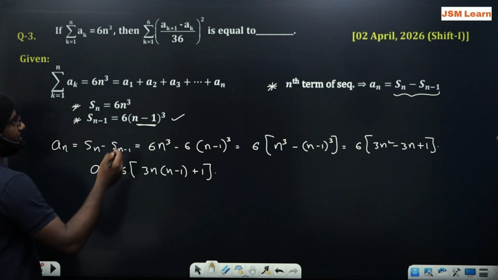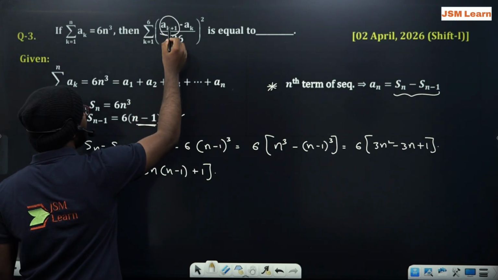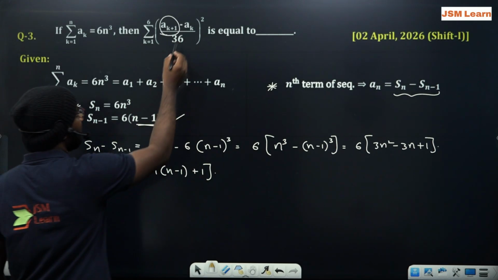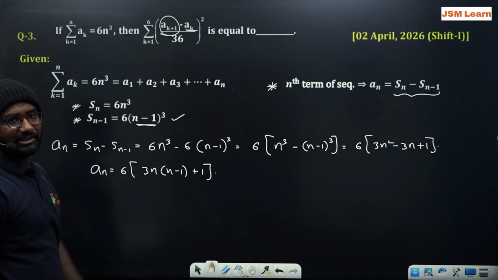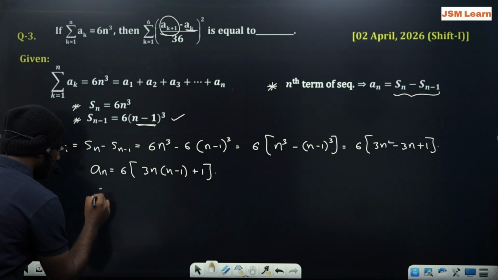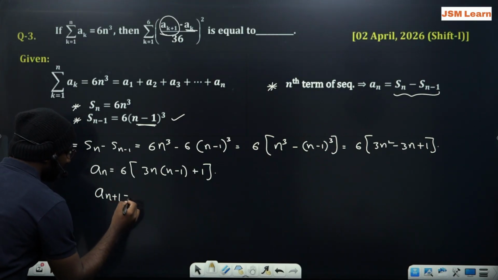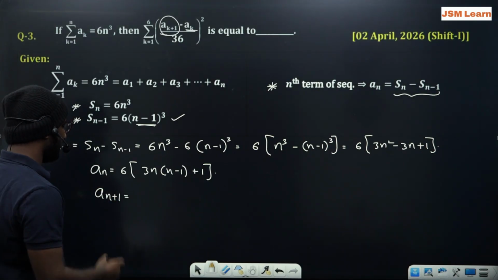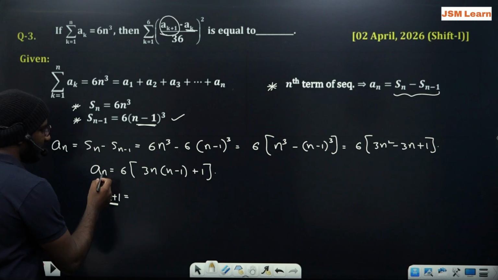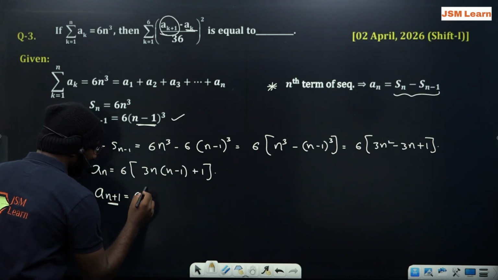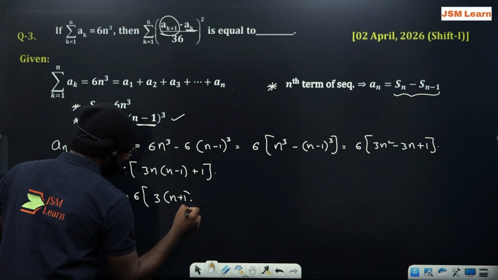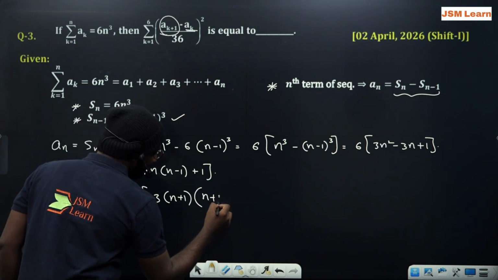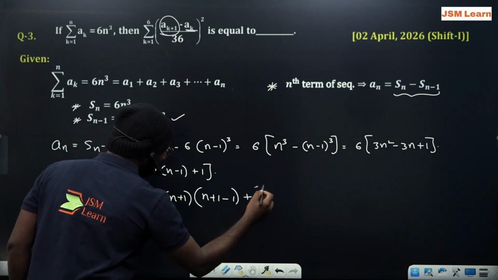So now we are going to find the n plus 1th term also. Now we got nth term, right? So now we are going to find this n plus 1th term, so a n plus 1. Here we are going to substitute n plus 1 in the place of n to find out the n plus 1th term. So 3 times n plus 1 into n plus 1 minus 1, plus 1.